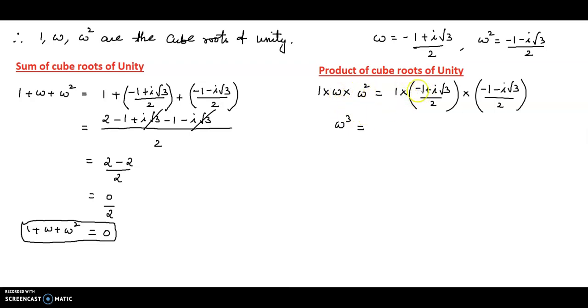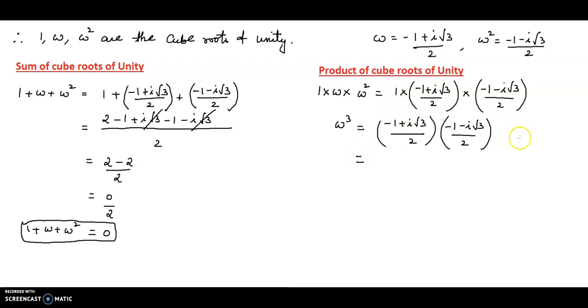So here we can write the numerator in the form of a plus b into a minus b. 1 into anything is anything only, so here we can write (minus 1 plus i root 3 by 2) into (minus 1 minus i root 3 by 2). Whether you write 1 or not doesn't make much of a difference here.